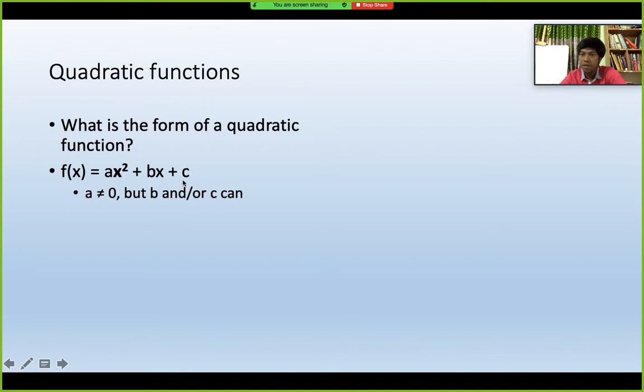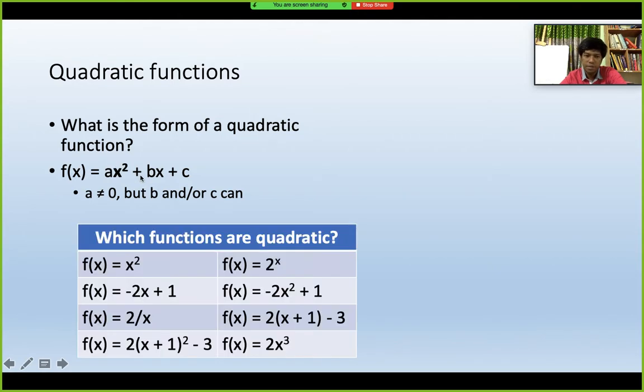That's why for ax squared, a cannot be 0, but b and c can. Alone c can be 0, alone bx can be 0, or bx plus c both can be 0, but this cannot be 0. So the main part here is this one, which would make this function linear.